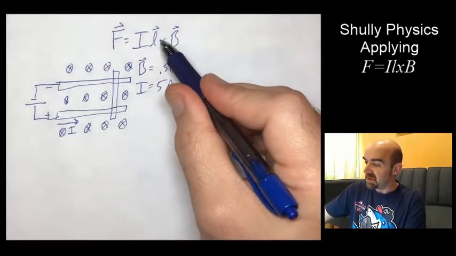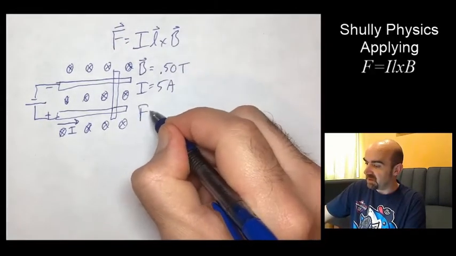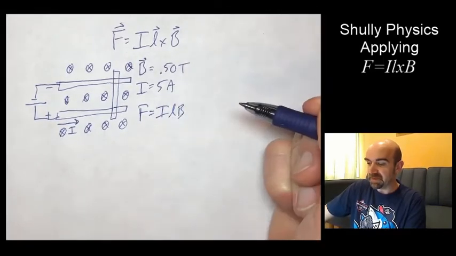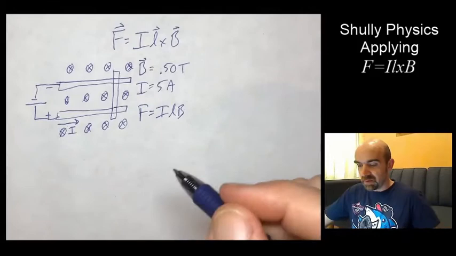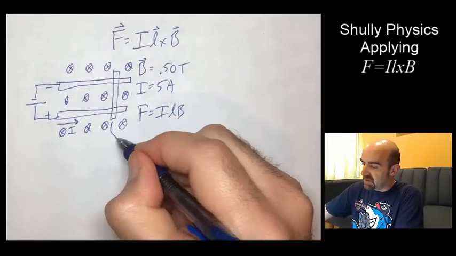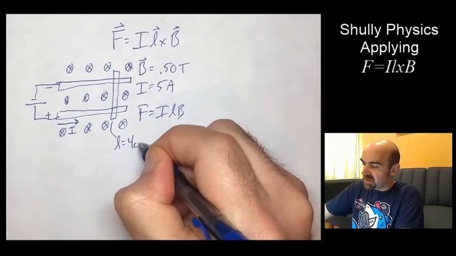So we can just consider this F equals ILB, or F equals Bill, if you like that one. The length of a cross beam, that's the last little piece I need here. I'm going to make that 4 centimeters.